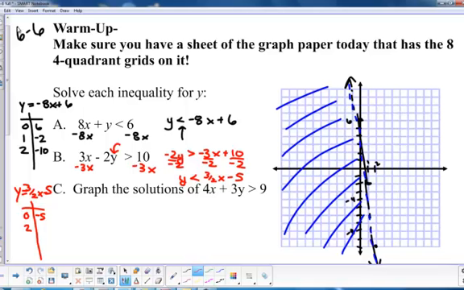So I'm going to go up 3 every time I go over 2 in the x. That's how we get the 3/2. So 4 would then give me 3 more, which is 1. You could also take the 4 and literally plug it into the equation and solve. So 3/2 times 4 is 6. 6 minus 5 is 1.